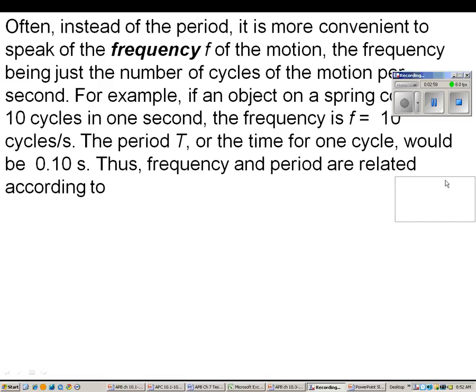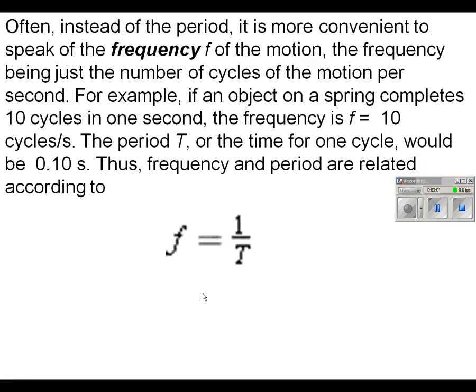And there's another relationship that we have to know, that frequency is the cycles per second or oscillations per second. We were just discussing angular frequency, now we're discussing frequency. So often, instead of the period, it's more convenient to speak of frequency f of the motion. The frequency being just the number of cycles of the motion per second.